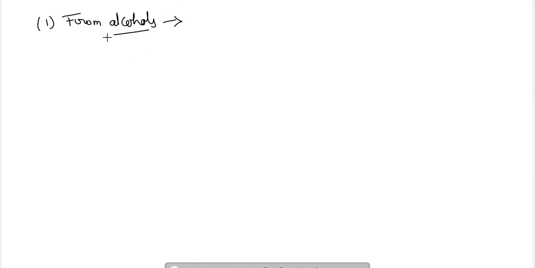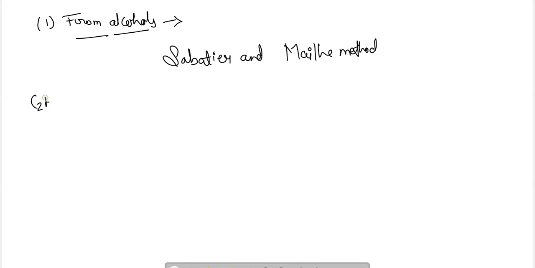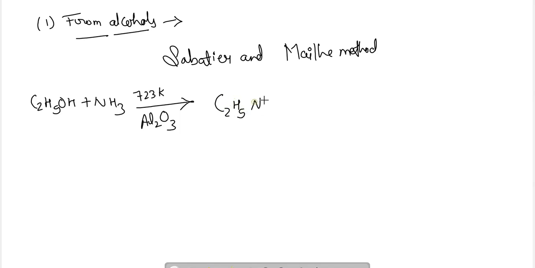For the industrial preparation of amines from alcohol, the first is the Sabatier-Mailhe method, where ethanol is heated with ammonia at 723 Kelvin temperature in the presence of alumina to form ethanamine.